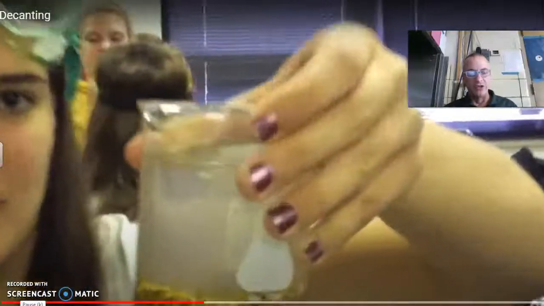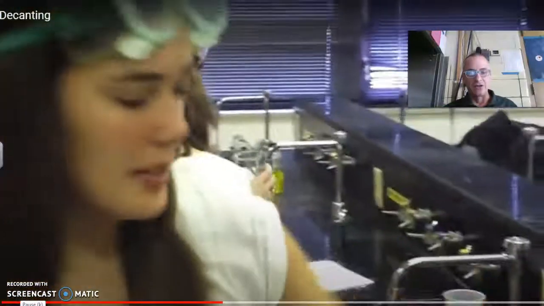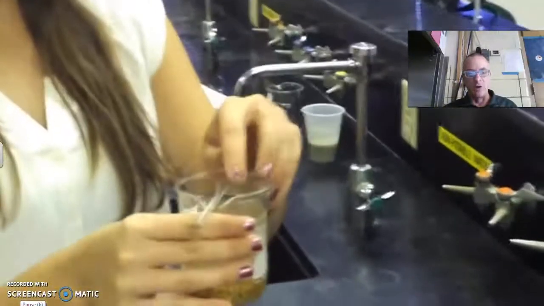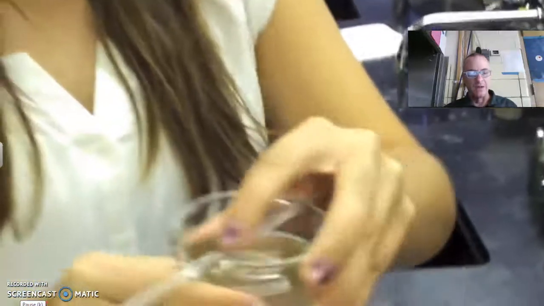Oh, here we go. You see the liquid? And there's the solid. And she's going to pour off the liquid. This is called decanting.